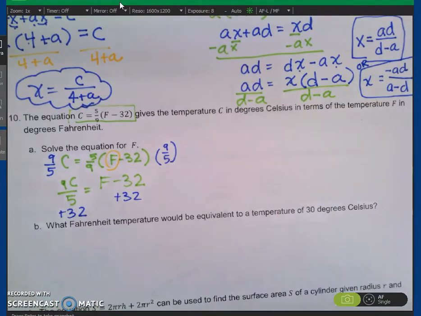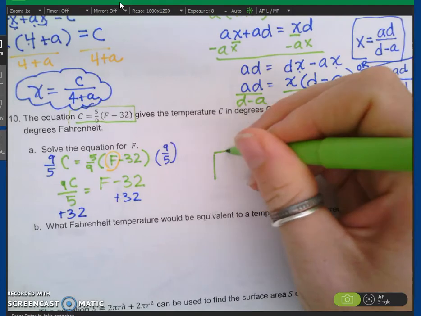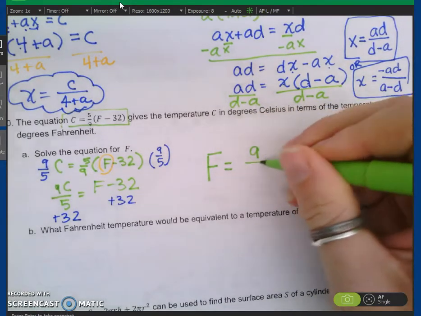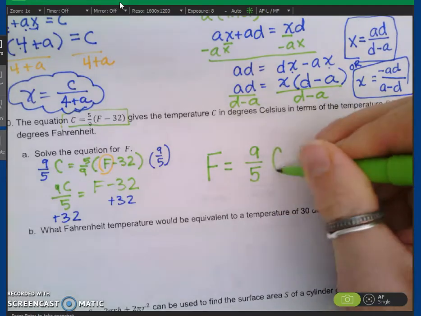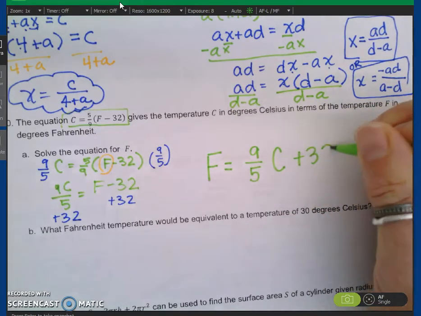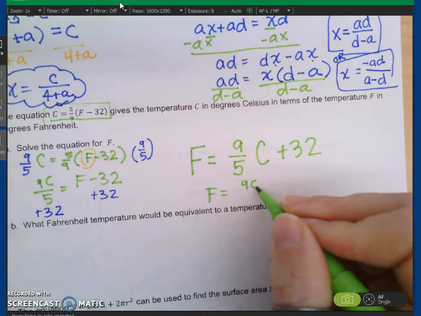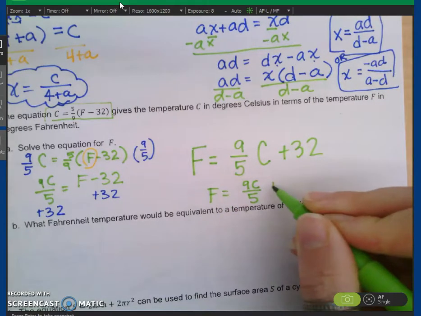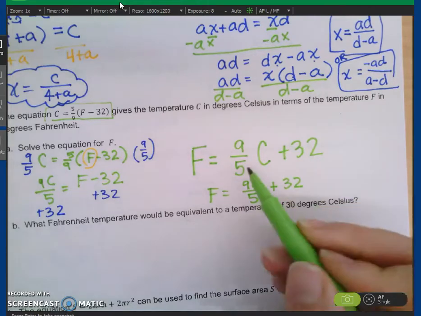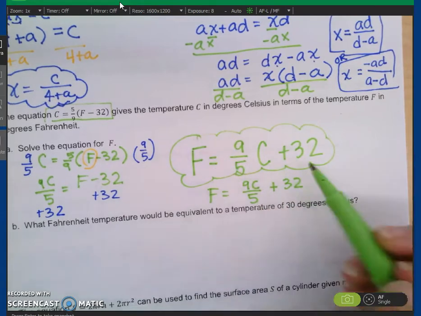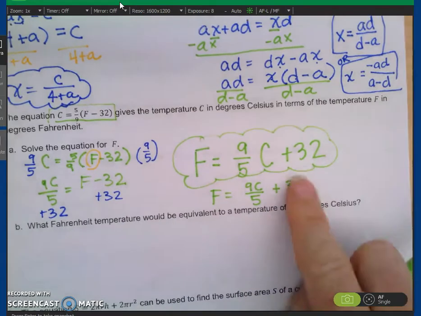And I get my equation to convert into Fahrenheit: F equals 9/5 C plus 32. You could also write it as Fahrenheit equals 9 times Celsius divided by 5, all plus 32. But what's important to recognize is that the 32, that constant term that we're adding, is not being divided by 5 as well.